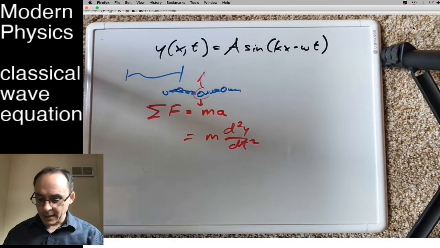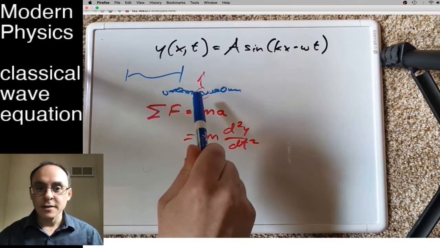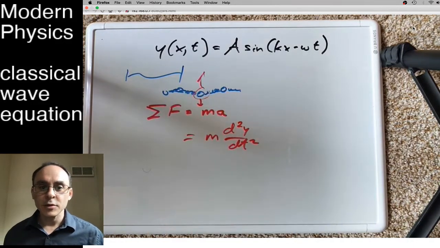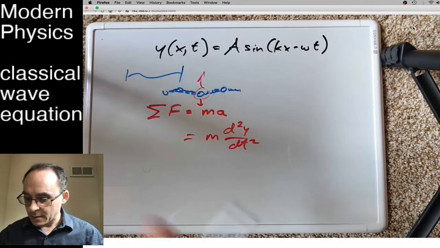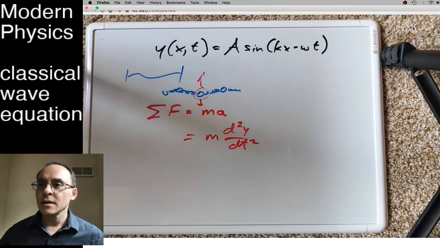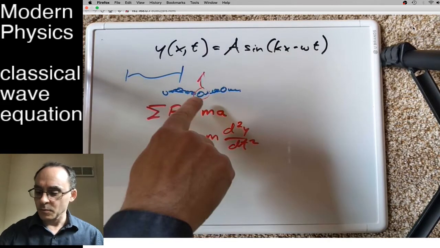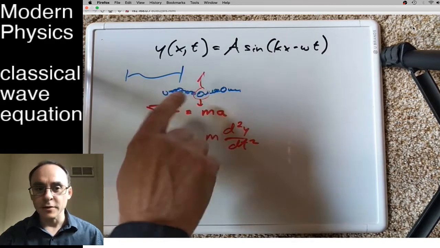On the left side, what are the forces? Each mass is connected to two of its neighbors, so it has two spring forces, one from the left and one from the right. Because it's connected to its neighbors, what matters isn't the absolute position y, but where it is compared to its neighbor.